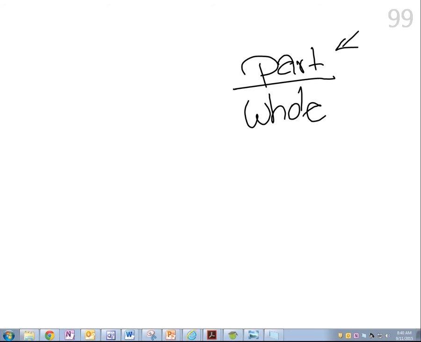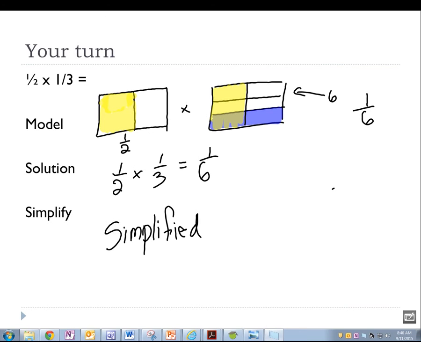The whole is the entire thing that's chopped up. Okay? In this situation, our part is the double shaded in, and our whole is 1, 2, 3, 4, 5, 6. Cool? So it's already simplified. We can't simplify 1/6 anymore. Do you agree? Good.